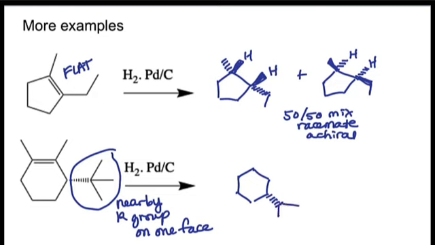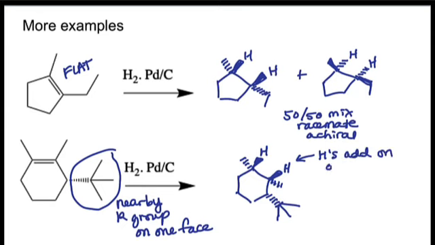So when I draw my product now, I'm going to be careful to show this tert-butyl group exactly where it is, and show that the hydrogens that add must add on the opposite face of that very large group. That's going to force these methyls to be on the same side as the tert-butyl.